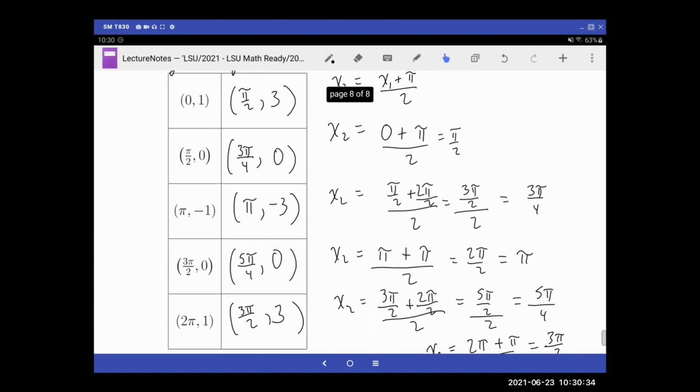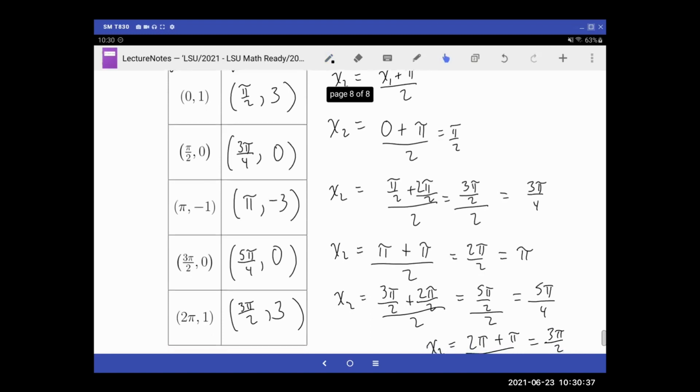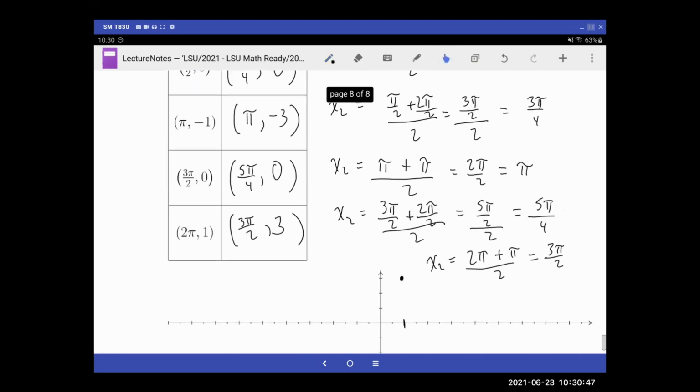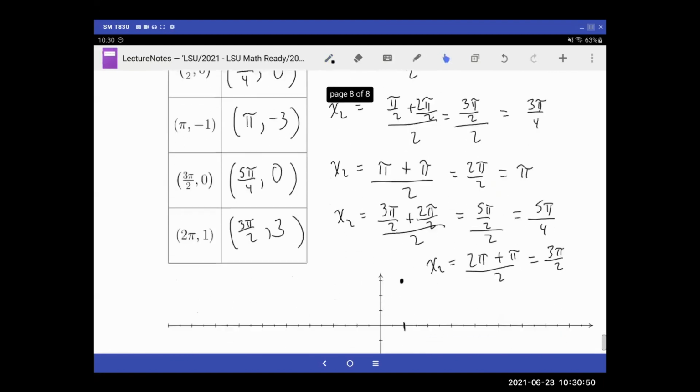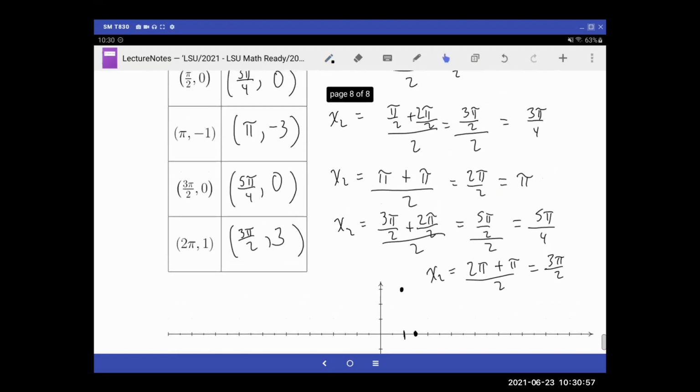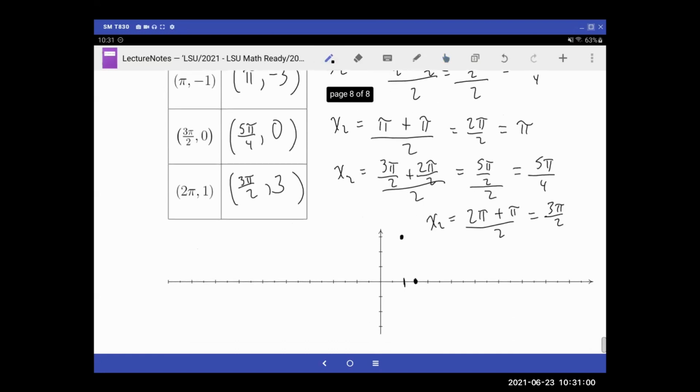Okay, so now I'm just going to plot those points. So pi over 2 comma 3. So here's pi over 2, 3. 3 pi over 4, 0. I'll put these little hash marks here. Pi, negative 3. 5 pi over 4, 0. 3 pi over 2, 3.